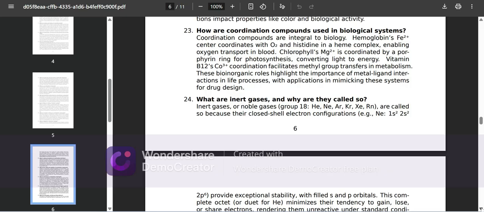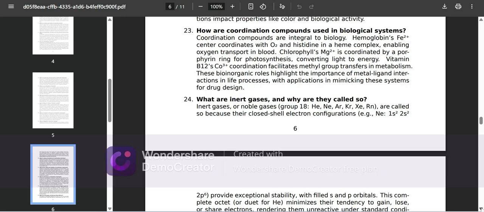How are coordination compounds used in biological systems? Coordination compounds are integral to biology. Hemoglobin's Fe2+ center coordinates with O2 and histidine in a heme complex, enabling oxygen transport in blood. In chlorophyll, Mg2+ is coordinated by a porphyrin ring for photosynthesis, converting light to energy.